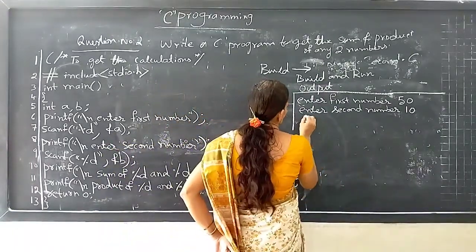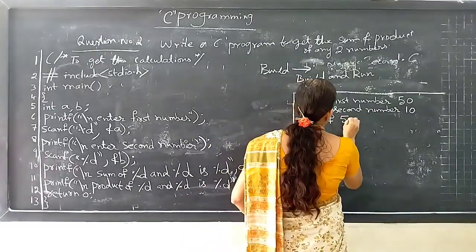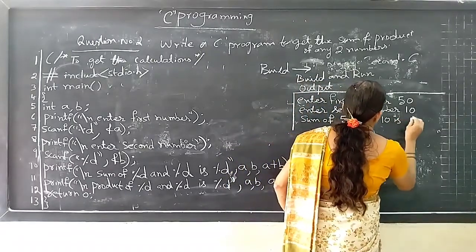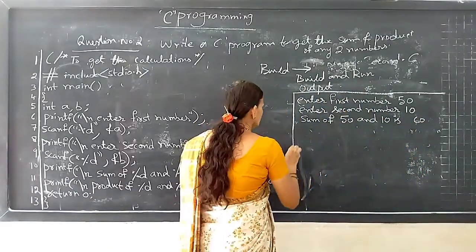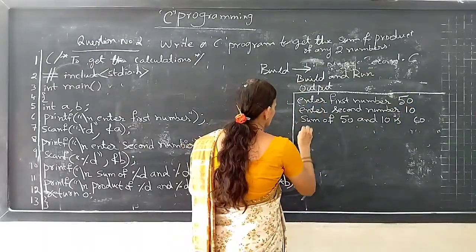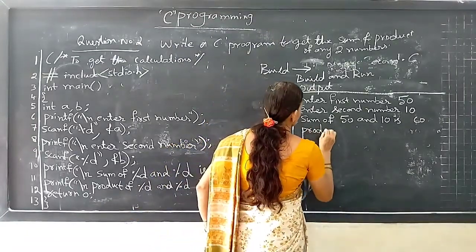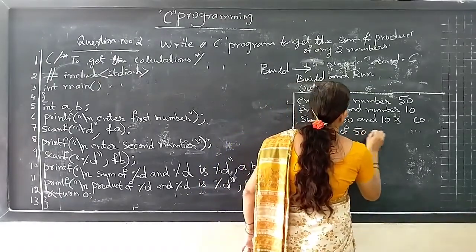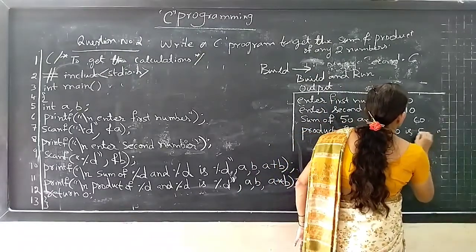So you will get the sum of 50 and 10 is 60. We gave simple numbers; if you give big numbers also, you will get the answer. Now, the product: it will do multiplication, and the product of 50 and 10 is 500.